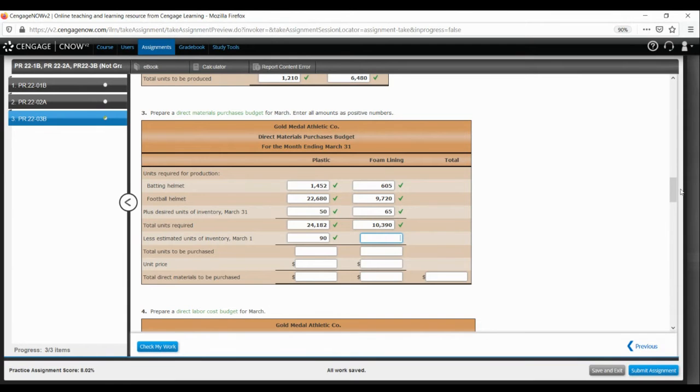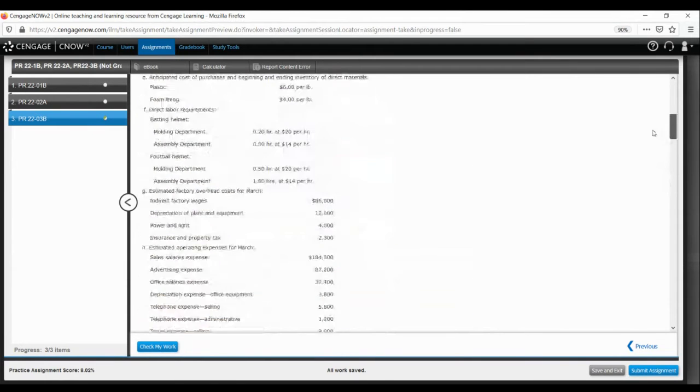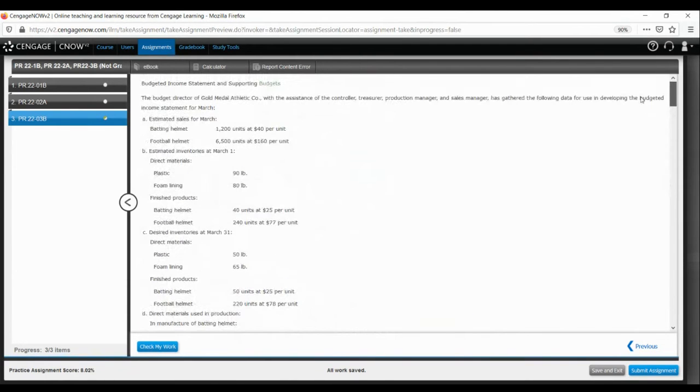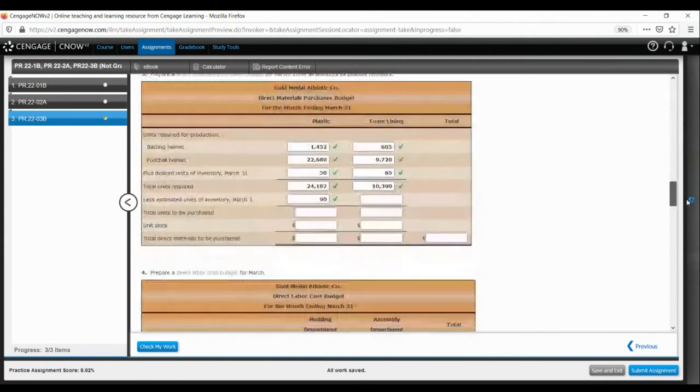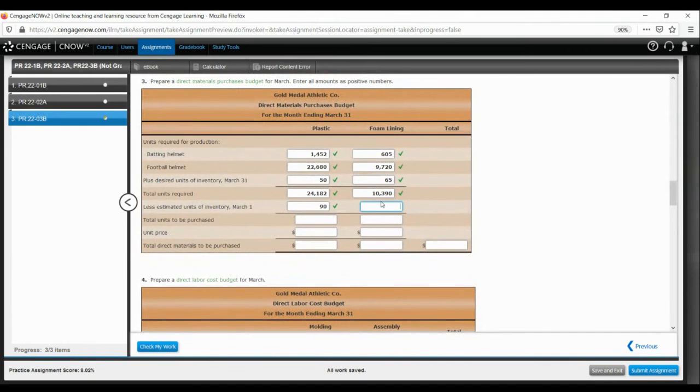Then we're going to look for our foam lining beginning inventory, which is in part B. It's 80 pounds. And then to find the total units to be purchased, you've got to subtract the 90 units from the total units required.